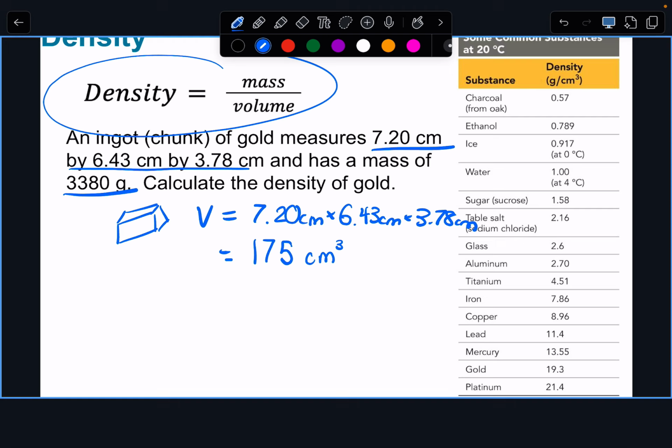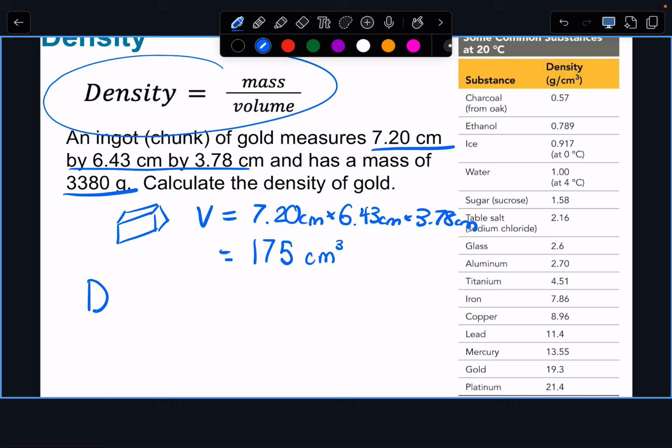Okay, so volume, if you forgot, is length times width times height. You just take the three sides and multiply them together. When you're multiplying units, that's how it works as well: centimeters times centimeters times centimeters is centimeters cubed. That's how we get to these squared or cubed units, because we're multiplying two or three different dimensions.